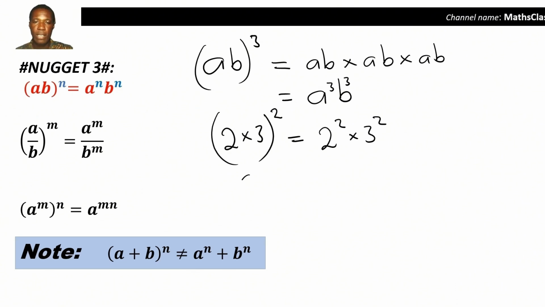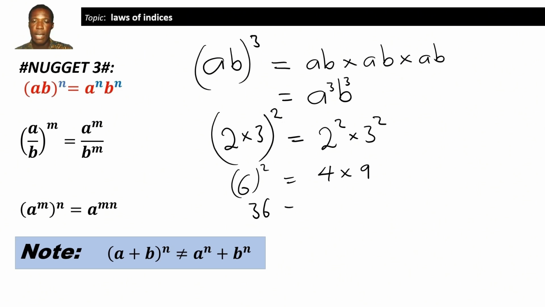That will give us 6 to the power 2. And then here, let's do the expansions first. So 2 to the power 2 will give us 4, multiplying 3 to the power 2 will give us 9. So 6 squared is 36, and then 4 times 9 is also 36. So you see that they are equal. Good.